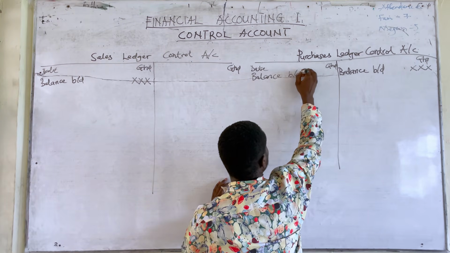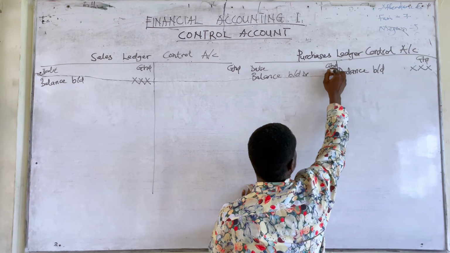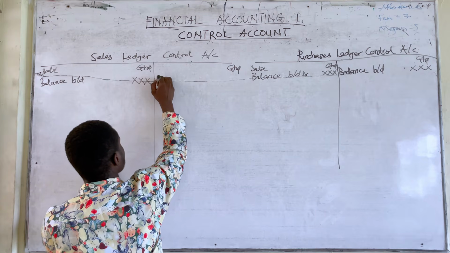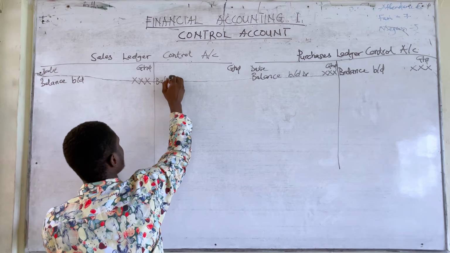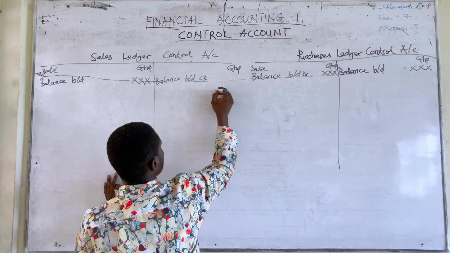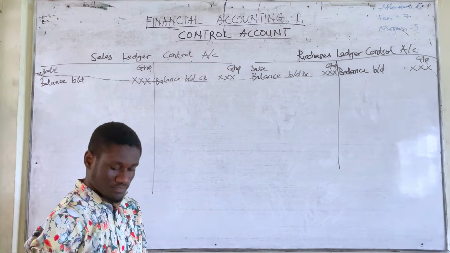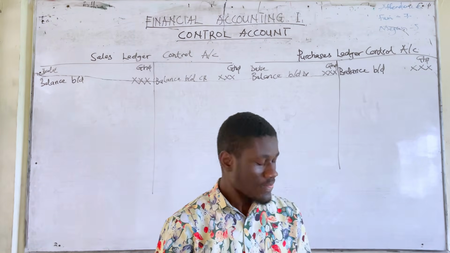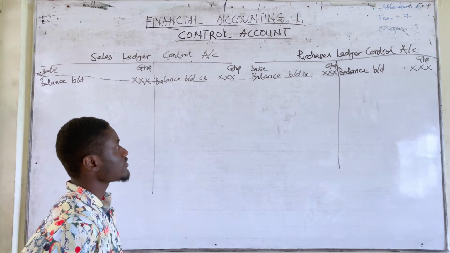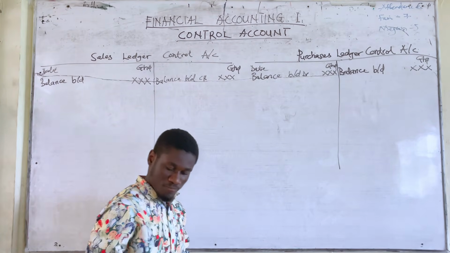Balance BD, which it will specify that we record here. And this balance BD, which the question will specify CR, recorded here. Good. Now we move on to the other accounts involved. Okay, so let's focus on this, after that we come here.